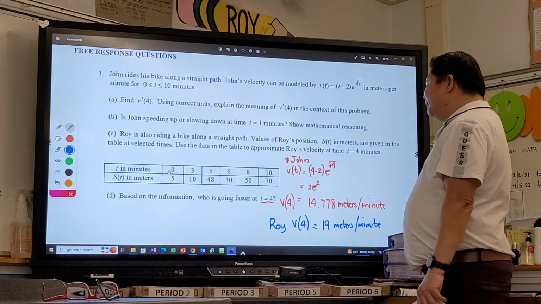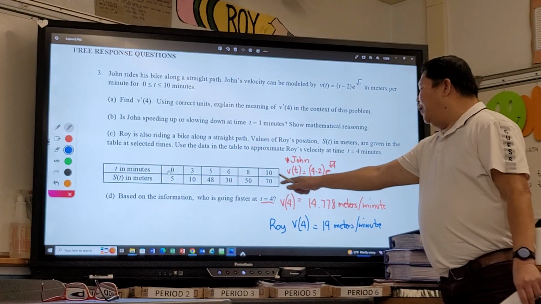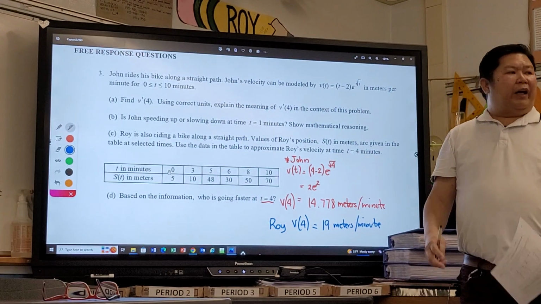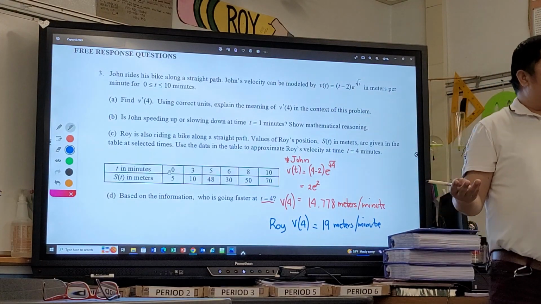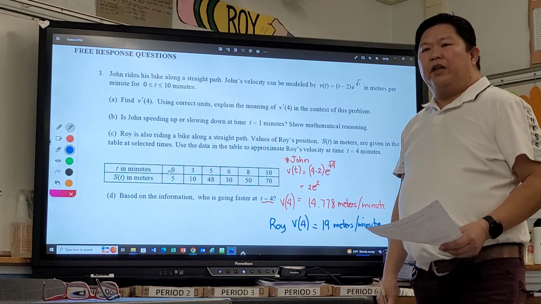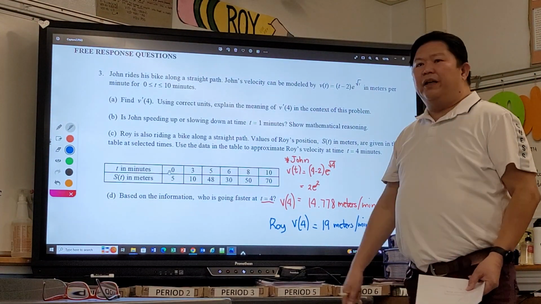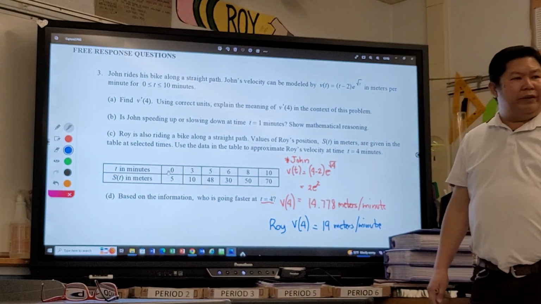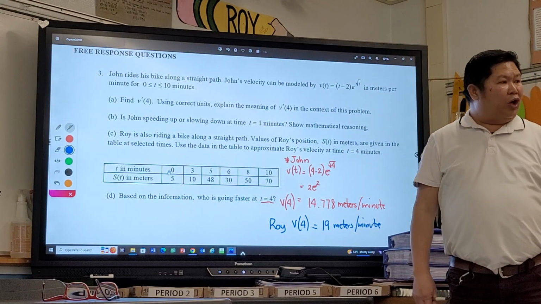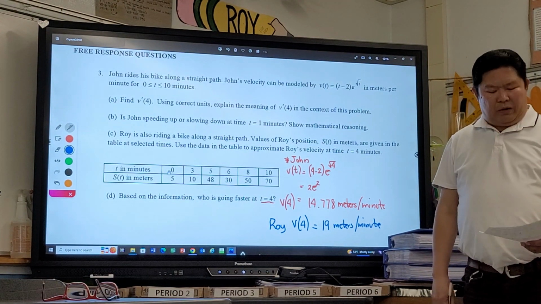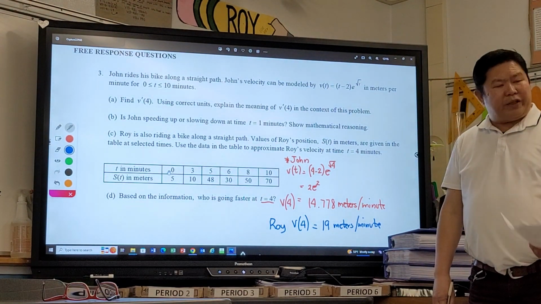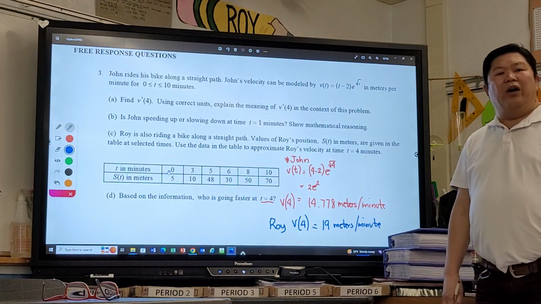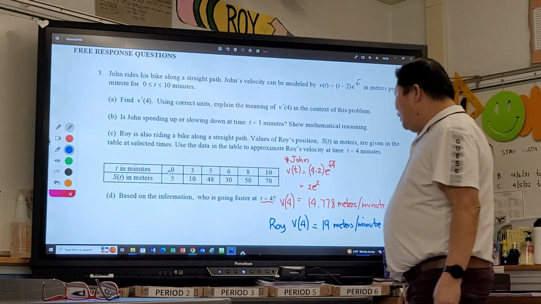Okay. Question. Who is going faster at time is equal to 4 minutes? At 4 minutes, who is going faster? Is it John or Roy? Based on this data. Roy. So, how do we write now? It appears Roy is going faster.